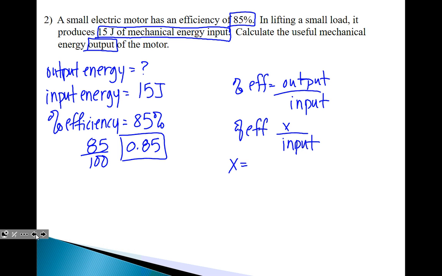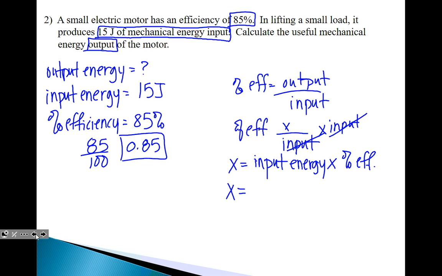So x is equal to, because remember I have to multiply this by input to get rid of it, so x is equal to input energy times percent efficiency. But we're not going to actually use our percent, we're going to use the decimal. So we have 15 joules times 0.85, which is equal to 13 joules.